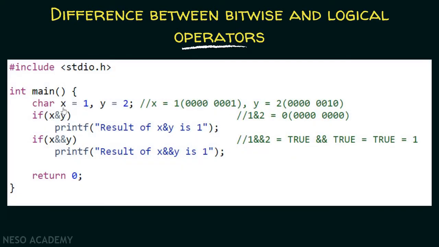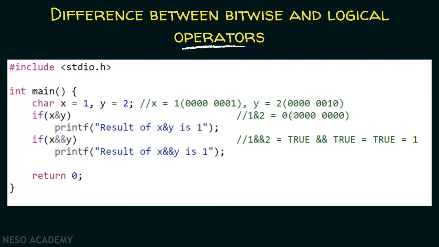Here I've declared two variables x and y and assigned them values 1 and 2 respectively. Binary representation of 1 is 00000001 in 8 bits form. Because the data type is character and it can store up to 8 bits of information, therefore 1 is represented in 8 bits form like this.